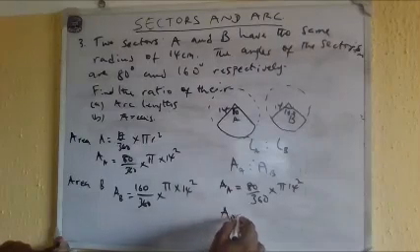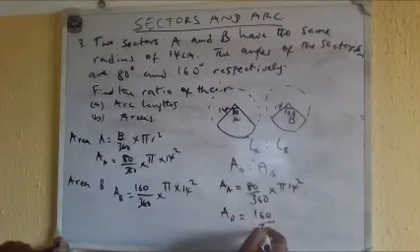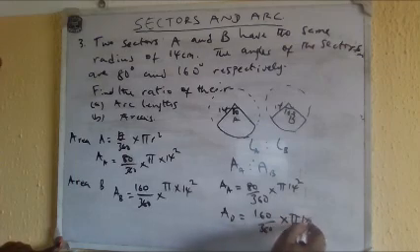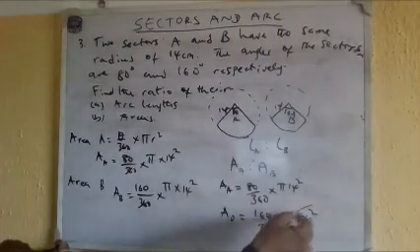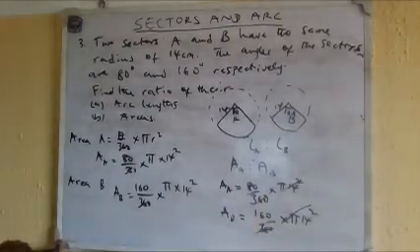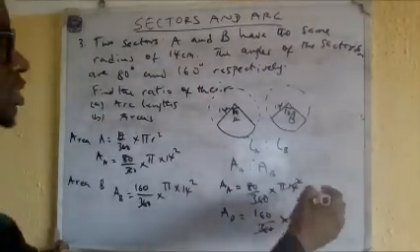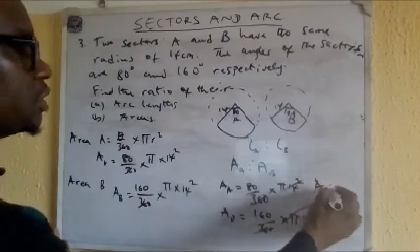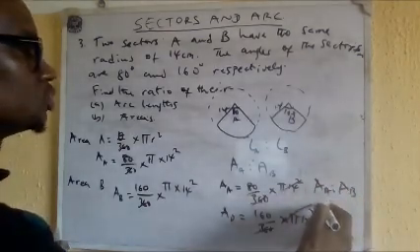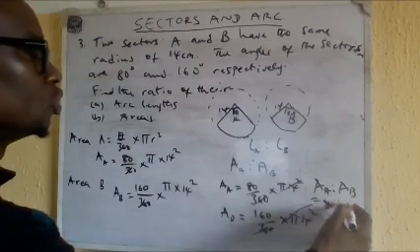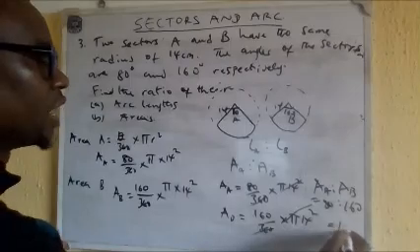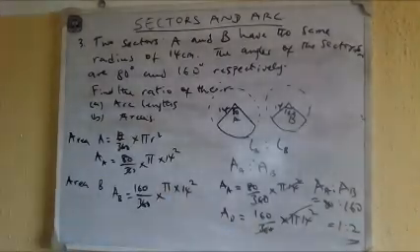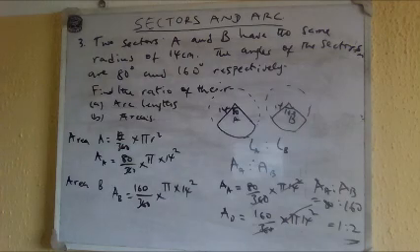Area B is 160 over 360 times pi times 14 squared. Again, these common terms cancel, and I'm left with 80 to 160. So area A to area B is 80 to 160, which is the same as 1:2. So for both, the ratio of area A to area B is 1:2, and the ratio of arc length A to arc length B is 1:2.